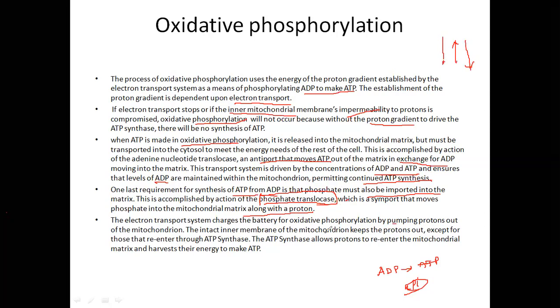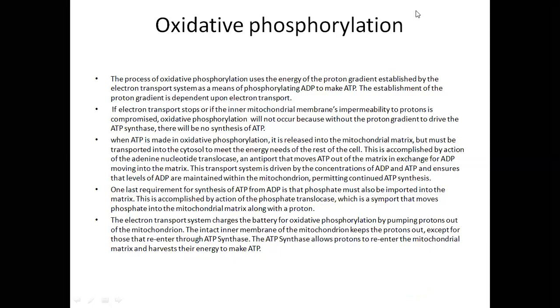The intact inner membrane keeps the protons out, except for those that re-enter through ATP synthase. ATP synthase allows protons to re-enter the mitochondrial matrix and harvest their energy to make ATP. Now we'll see the ATP synthase mechanism.